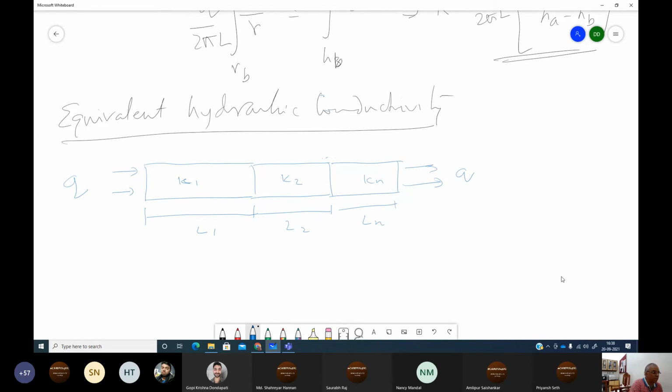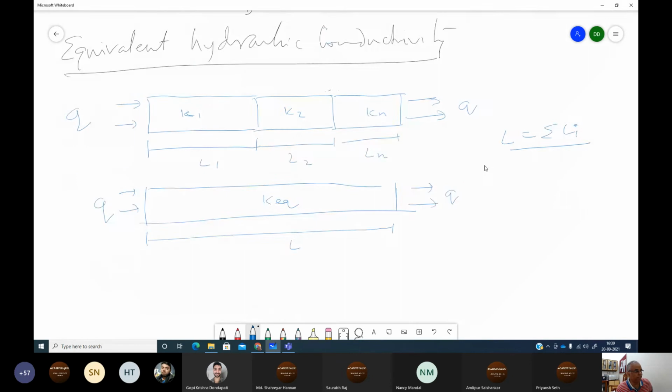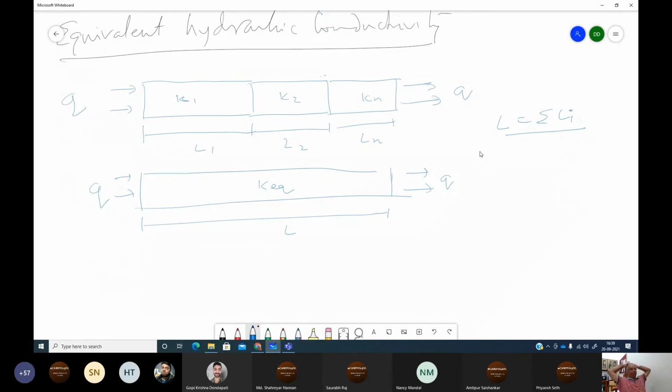Now, if I have to replace it with a single layer, which is K equivalent, the same Q will come in and the same Q will go out. The length remains the same, so L is equal to the summation of Li. Can you tell me what is the expression of K equivalent?